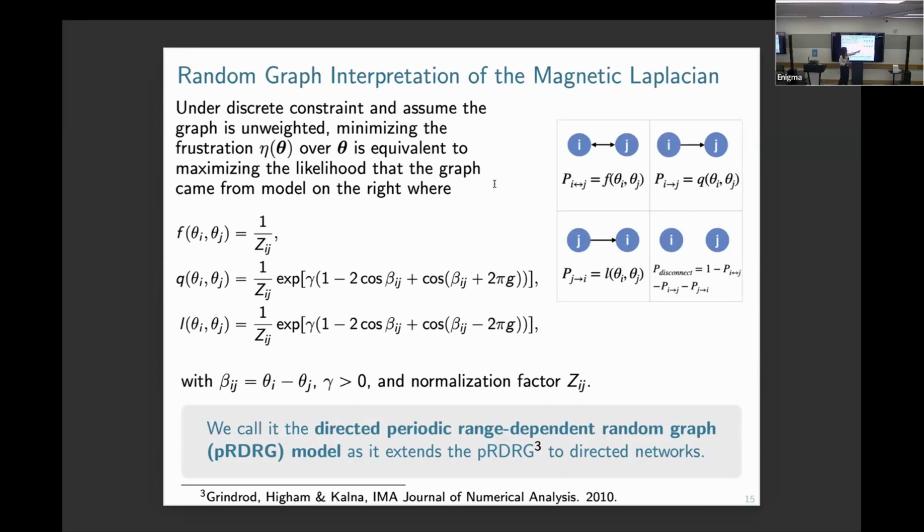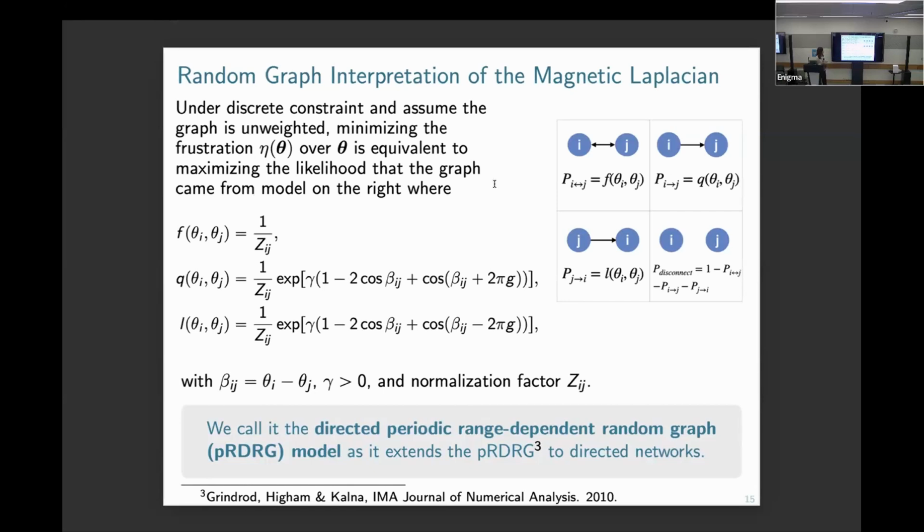There's a scenario where ij has a reciprocal edge, a scenario i to j, a scenario where j points to i, and there's no connection. They're described by functions f, q, and l, and we make sure that all 4 scenarios have likelihood between 0 and 1. Then we did the math by matching the objective function with the log likelihood of the graph. For the log likelihood of the graph, we need to consider all 4 scenarios and sum up the log likelihood of all the edges that are either absent or present in the data.